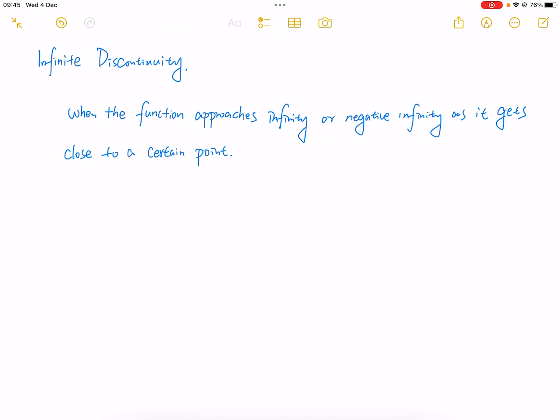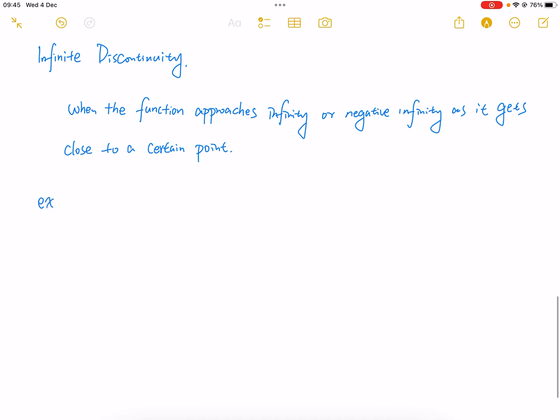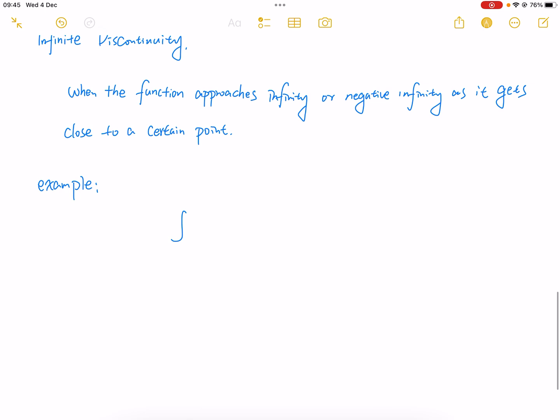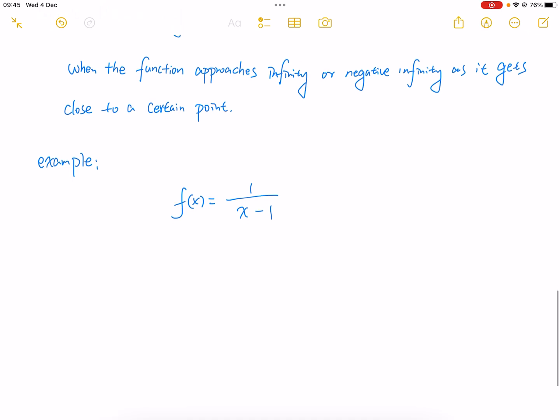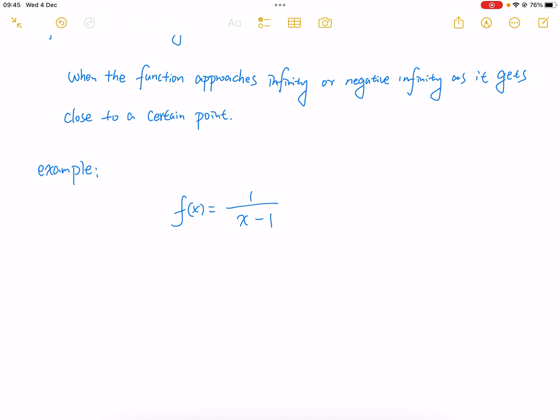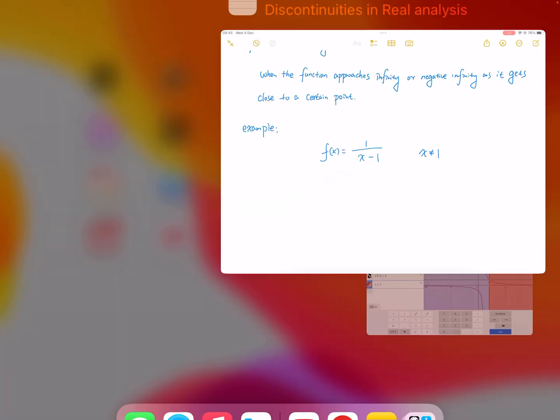Let's look at the function. For this example, we have f of x equals 1 over x minus 1. At x equals 1, the function is undefined, so x is not equal to 1. Let's look at the graph of this function.